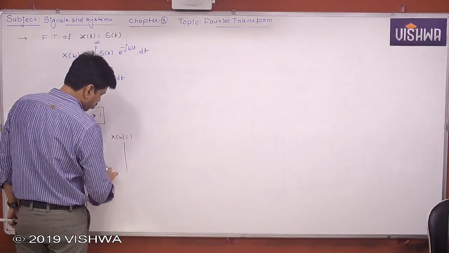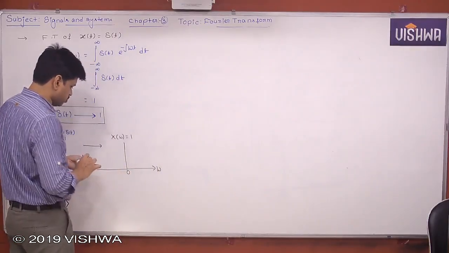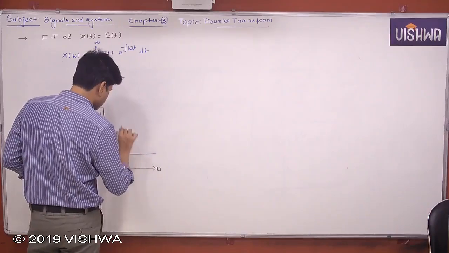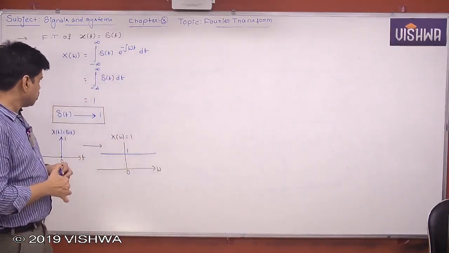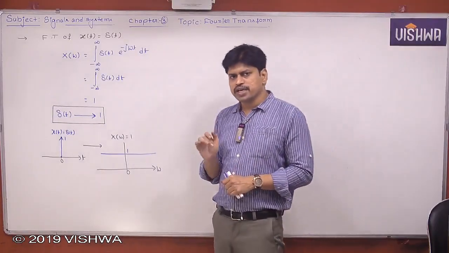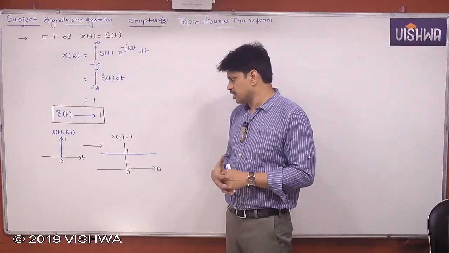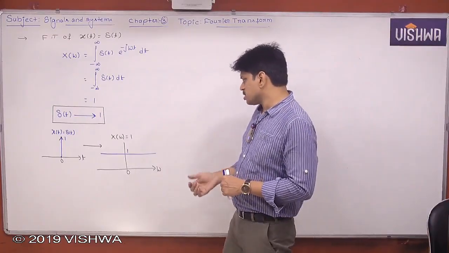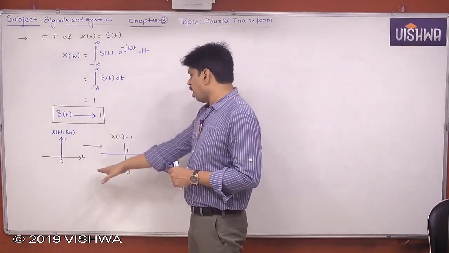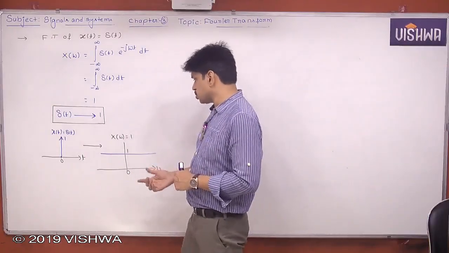So with respect to omega, it is going to be a constant value. That means its value is equal to 1 for all the frequencies. What do you mean by this? I already told you the Fourier transform determines the frequency content of the given signal. So delta t has all the frequency components with equal magnitude. I hope you understood that's the meaning of it.